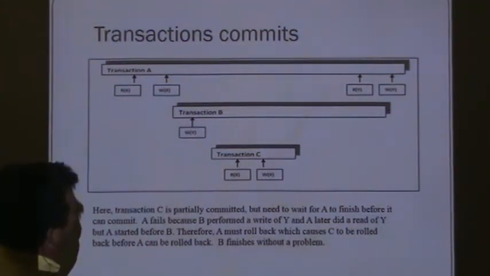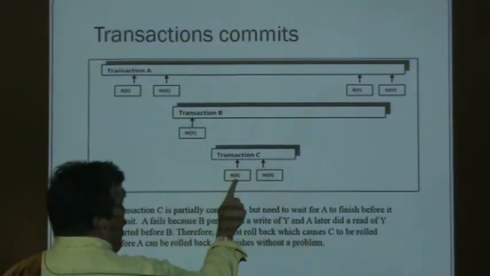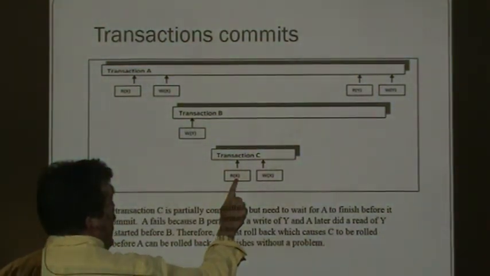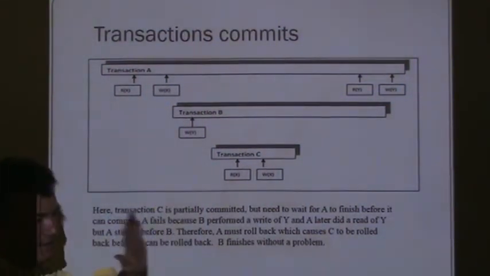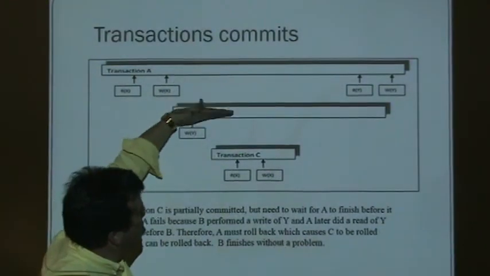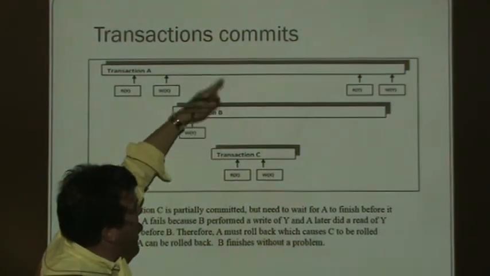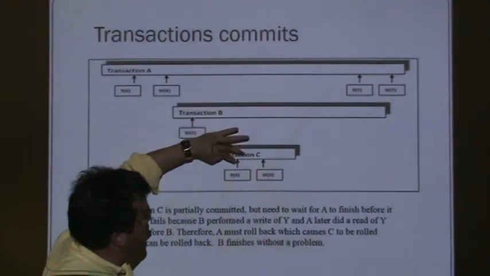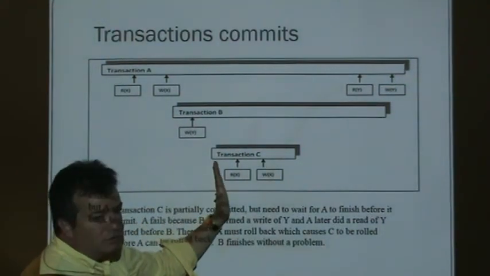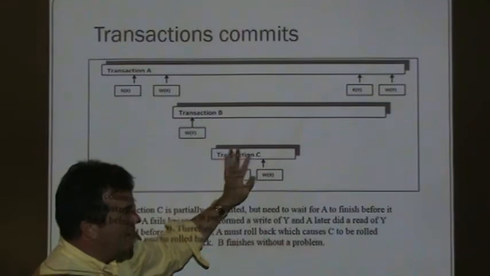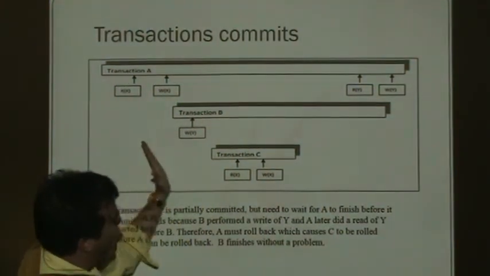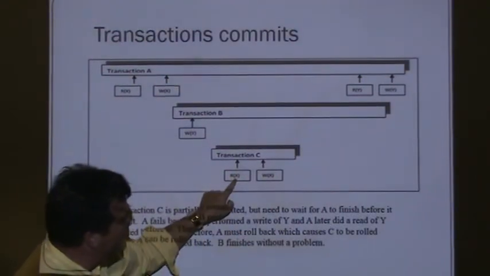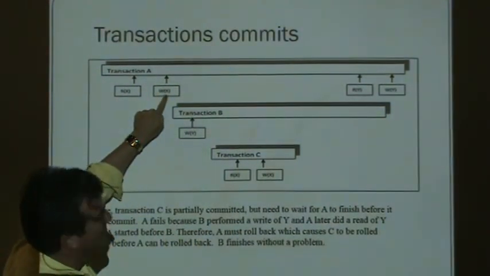The reason it needs to wait for A to finish is it read the value X, which was written previously by transaction A. So at the end of the day, even though these transactions are being interwoven, this one runs for a little while, then this runs, then this runs, it's going to have the effect of A ran first, start to finish, and then later C ran, because C is going to run as if it took the update that A did.